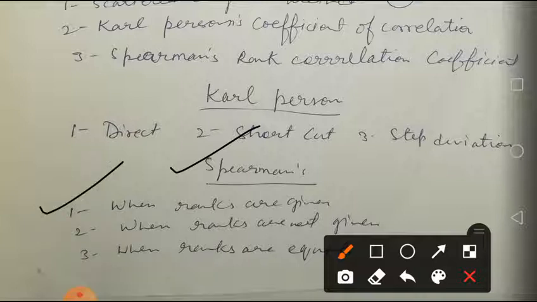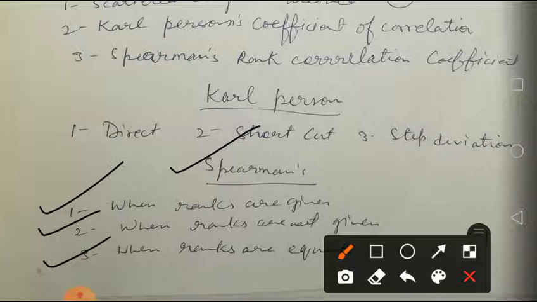The first is when ranks are given in the question. The second is when ranks are not given, and the third is when ranks are equal.